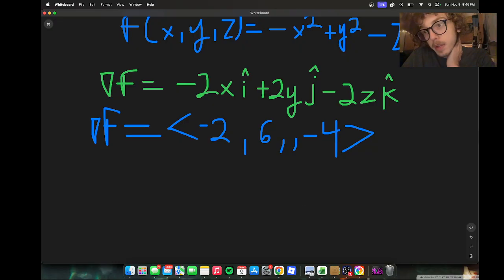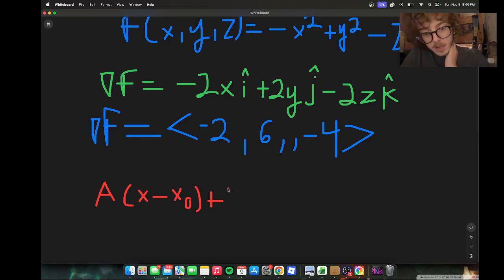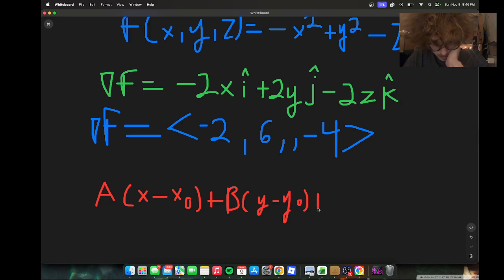And to define a plane, we just say A times (x minus x naught) plus B times (y minus y naught) plus C times (z minus z naught), and that's all going to be equal to 0.